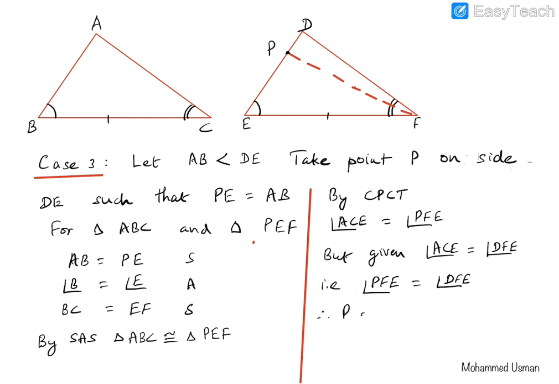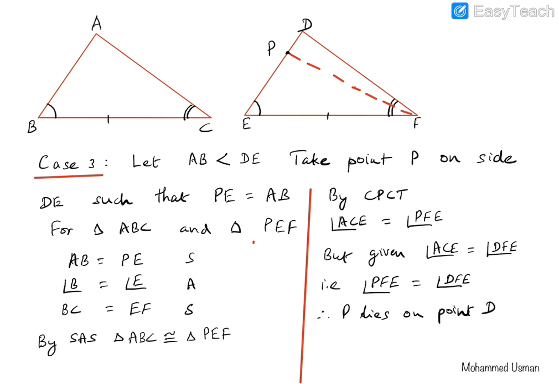Therefore the point P lies on point D. So therefore our assumption that AB is shorter than DE is also wrong. So therefore the triangles ABC and DEF are congruent when two angles are equal and the included side between the two angles is also equal for the two triangles. The remaining sides and angles will also be equal, and therefore the two triangles will be congruent.